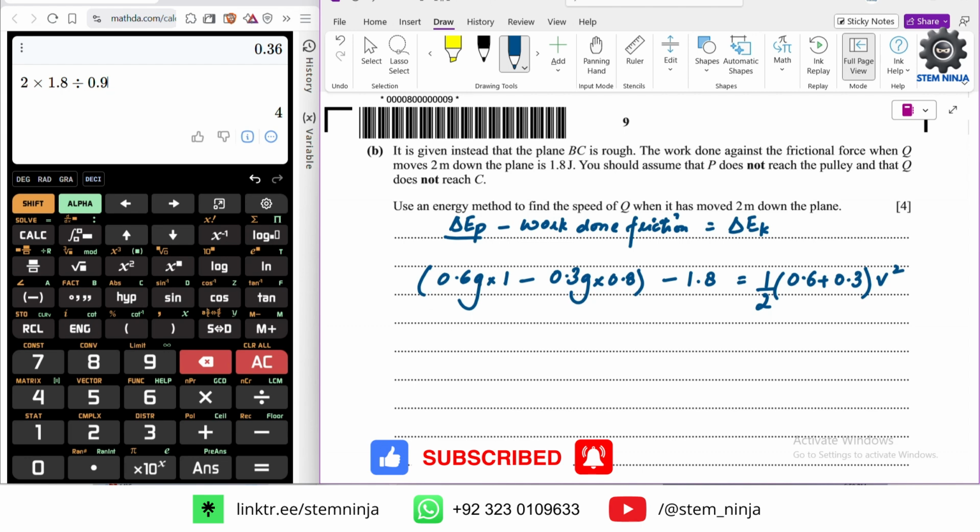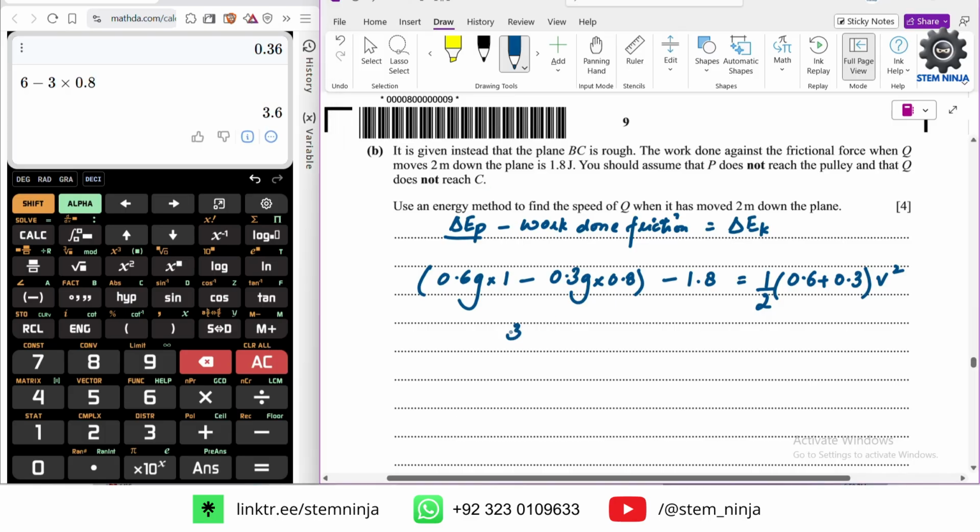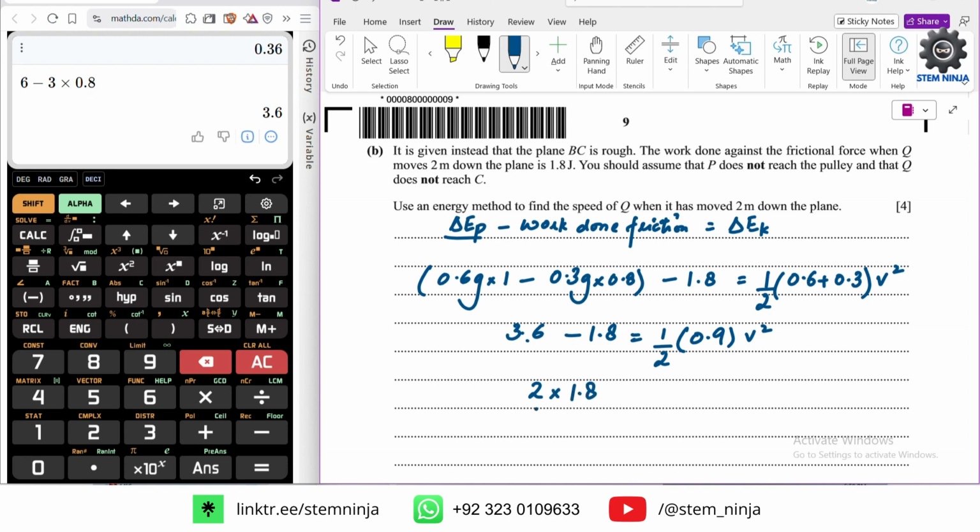Okay, 0.6 times 10 is just 6, minus 3 times 0.8, that is 3.6, minus 1.8, equals 1 over 2, 0.9 v squared. 3.6 minus 1.8 is 1.8, so 2 times 1.8 over 0.9 is v squared.